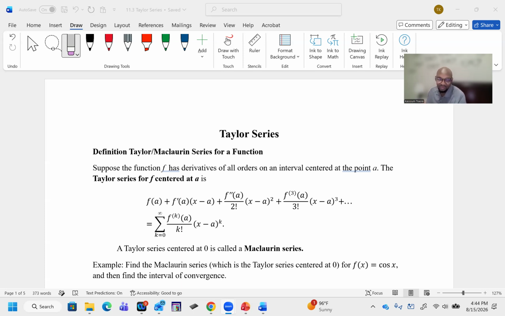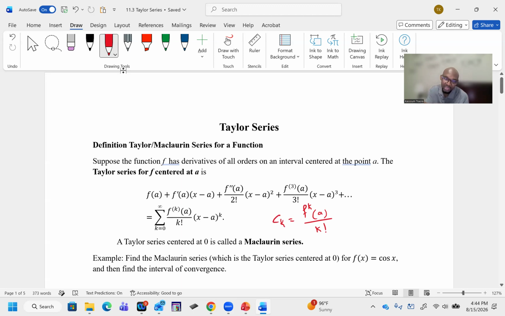And do not forget, we call this part c sub k, which is what? The kth derivative of f at a divided by k factorial, right?